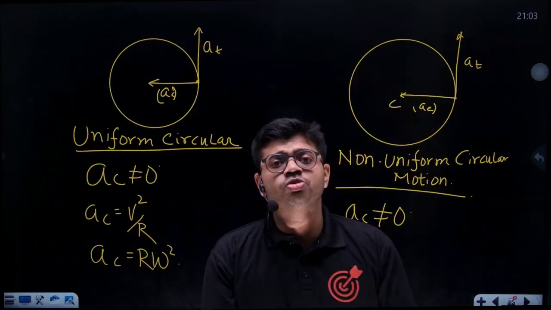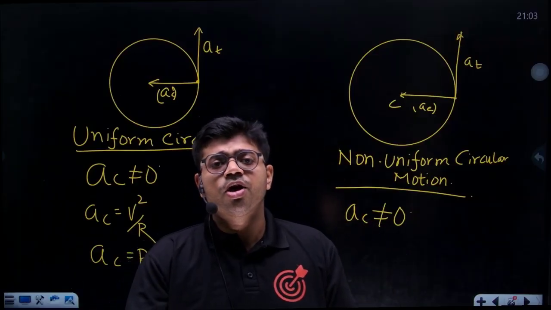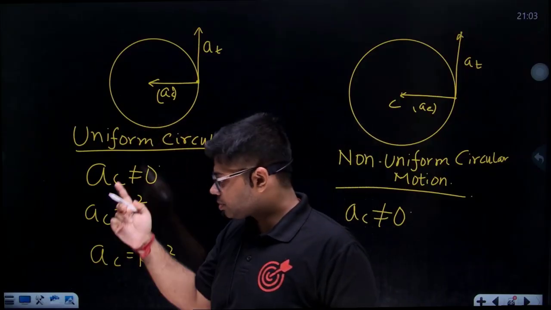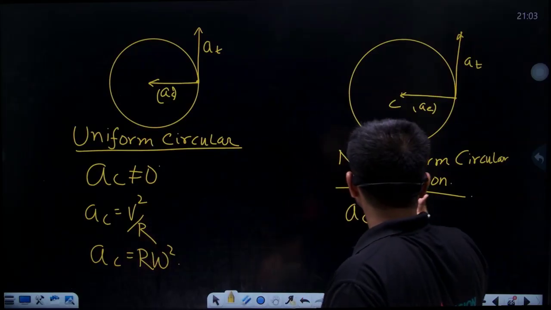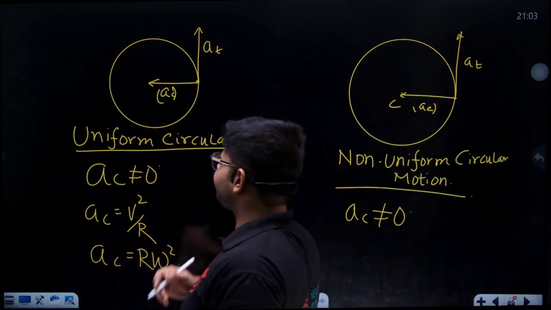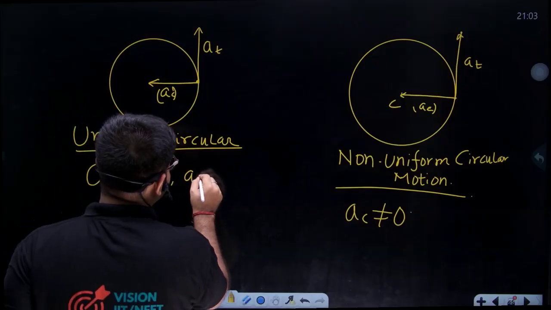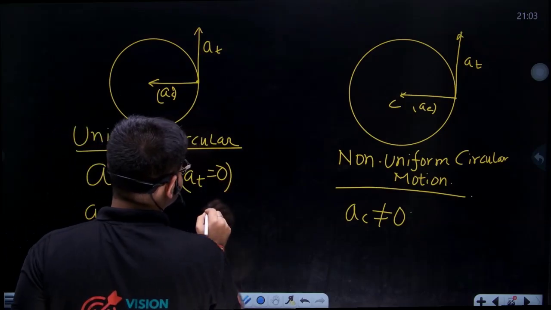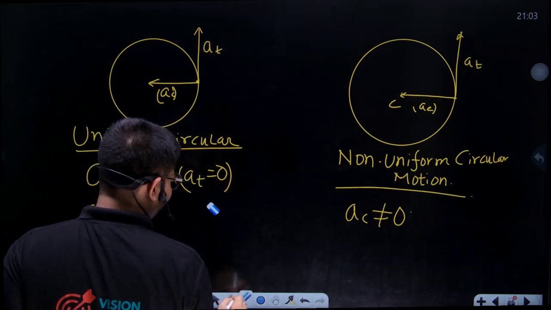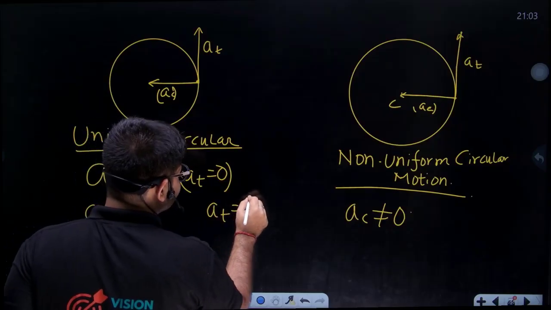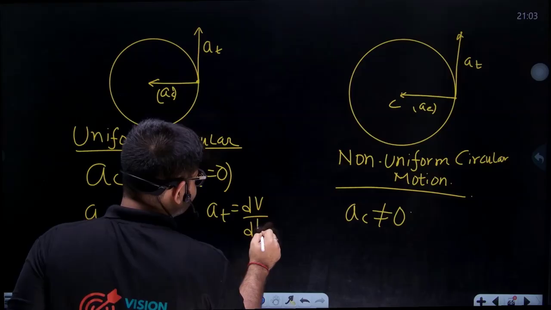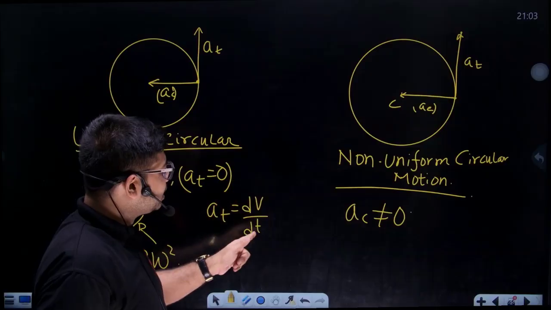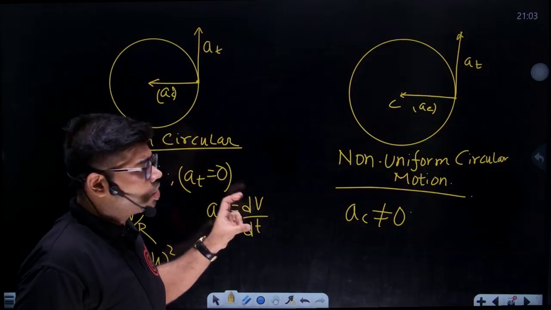Centripetal acceleration has to be there because this is the acceleration which is changing the direction of the particle at each and every moment, right? So AC will remain constant. Which part will be zero then? In case of uniform circular motion, your AT is going to be zero. AT means tangential acceleration, and this AT is nothing but dv dt, and here v does not mean velocity, here we are actually taking just the magnitude of it, so it is the speed.